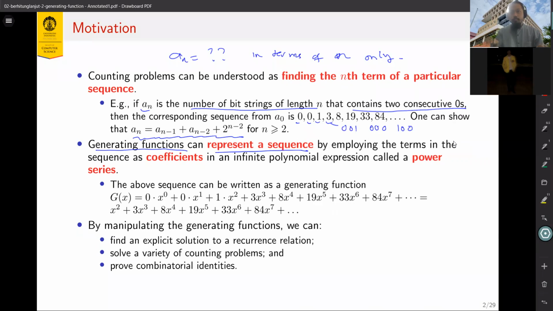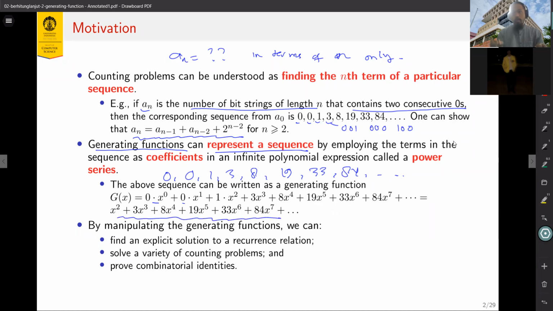For example, if we have the sequence 0, 0, 1, 3, 8, 19, 33, 84, and so on, then the sequence could be represented by an infinite summation, or infinite polynomial expression, that looks like this. So 0 times x to the power of 0, 0 times x to the power of 1, and so on. So 1 times x squared plus 3 times x cubed plus 8 times x to the power of 4, and so on, right?